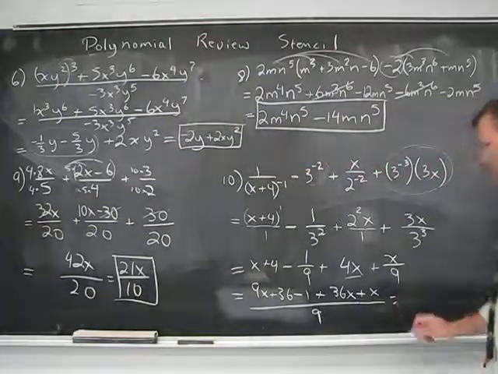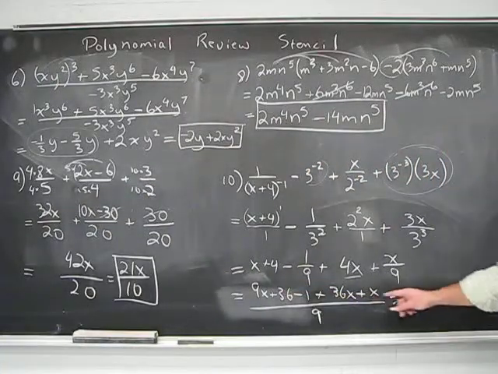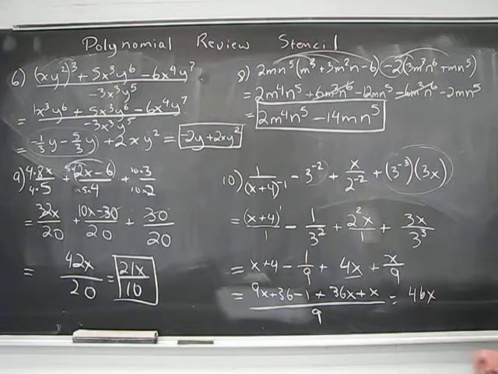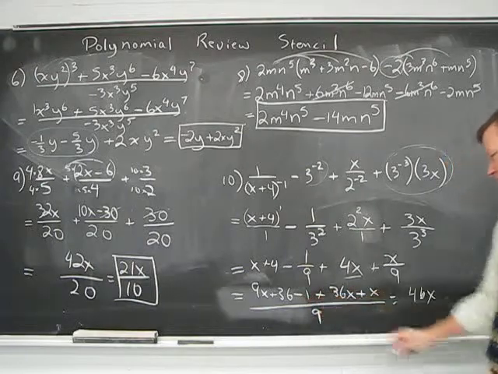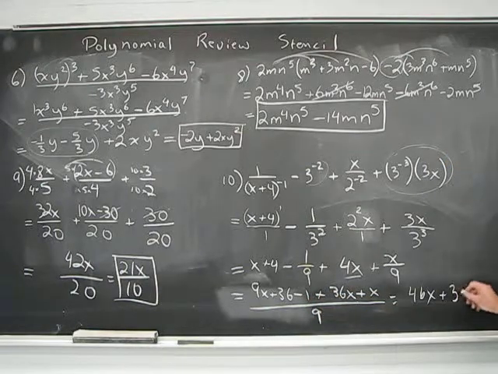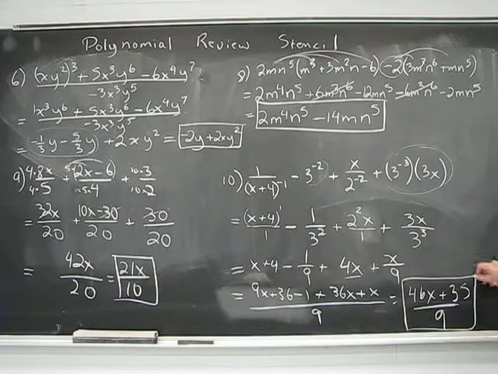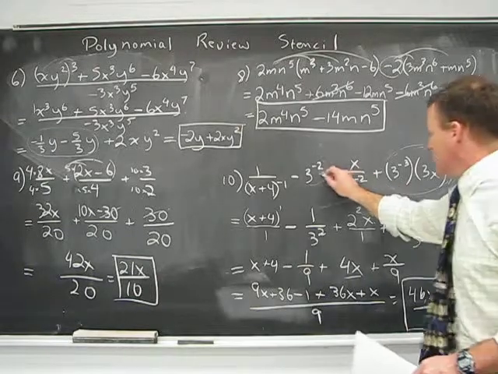Right? Got everything over 9. So 9x plus 36x plus x is going to be 46x. I think I made a mistake in this question. 36 minus 1 is 35 over 9, because I don't remember getting these answers when I did my answer sheet. Probably wrote the question wrong, which is typically what I do. Okay. Oh yeah, I forgot the x here.